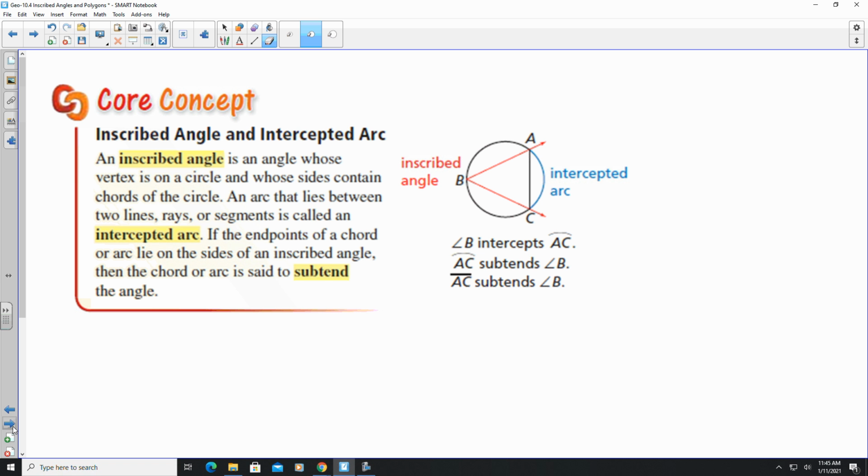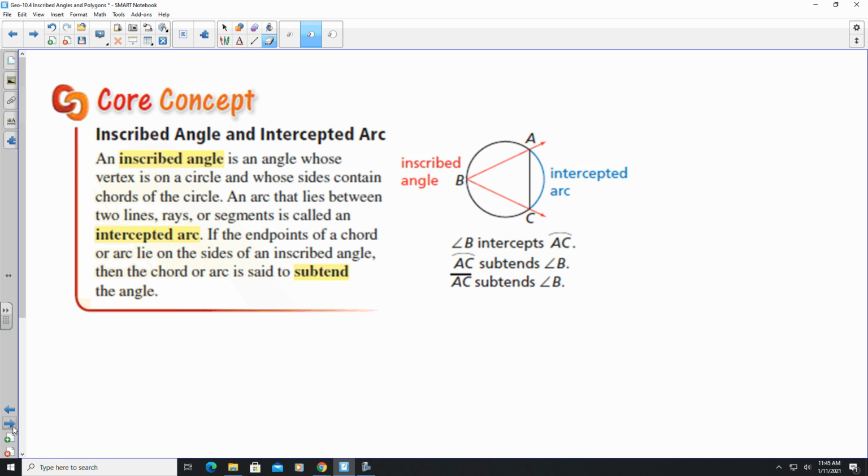Now, looking at this, it says here that angle B intercepts line segment AC, which creates that arc. So angle B is part of the relationships for arc AC. All right.